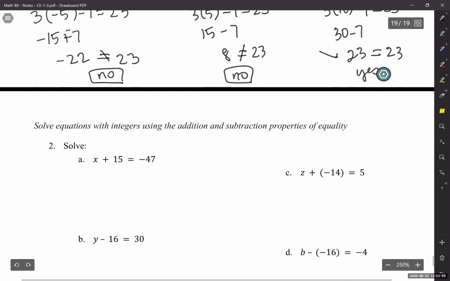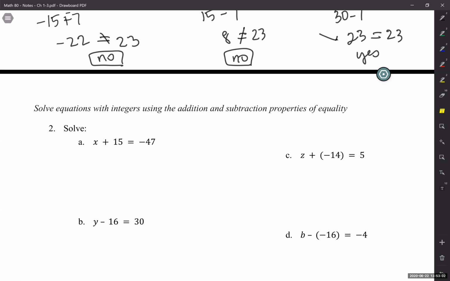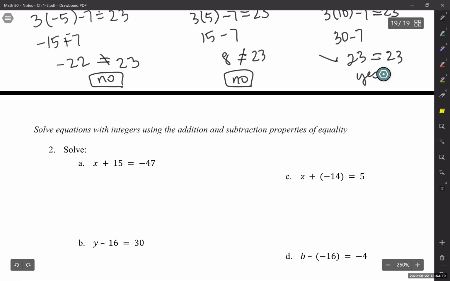So how could we figure that out without checking for solutions? We're going to do the same thing we did back in chapter 2. Was it chapter 2? I already forgot. I've made too many videos in one sitting. Whatever chapter it was, we have done it before, but just with positives.